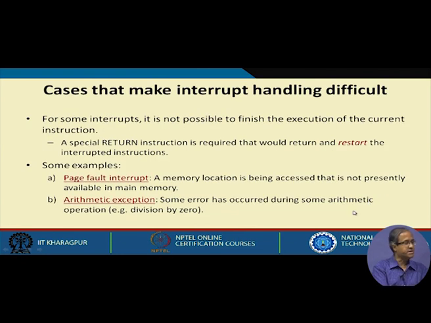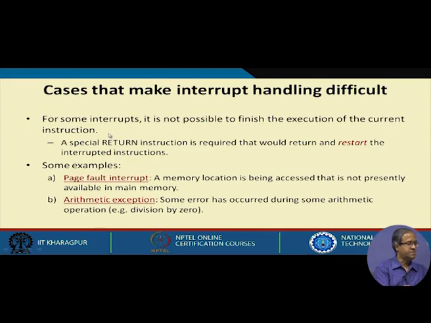So, with this you see, we have seen the different cases of interrupts. There are some cases which can make the interrupt handling more difficult. Like we have assumed so far that whenever an interrupt is coming, I have to finish the current instruction, then only I can acknowledge the interrupt. But there are some cases where you cannot finish the current instruction, that makes interrupt handling more difficult.